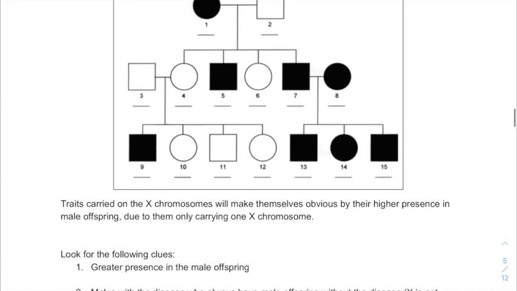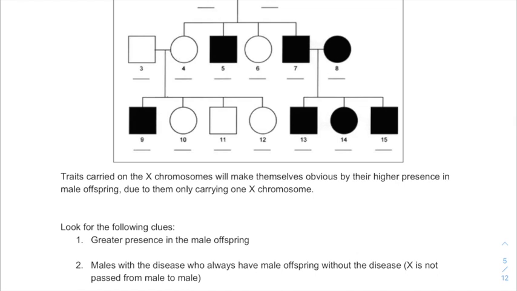In the X-linked pattern, we can look for 3 clues: that there's going to be a greater presence in male offspring, that males with the disease always have male offspring without the disease, since the X is not passed from male to male, if the female is not a carrier, or we should just say may have male offspring without the disease, and female offspring only have the disease if their male parent also has the disease. So let's look here.